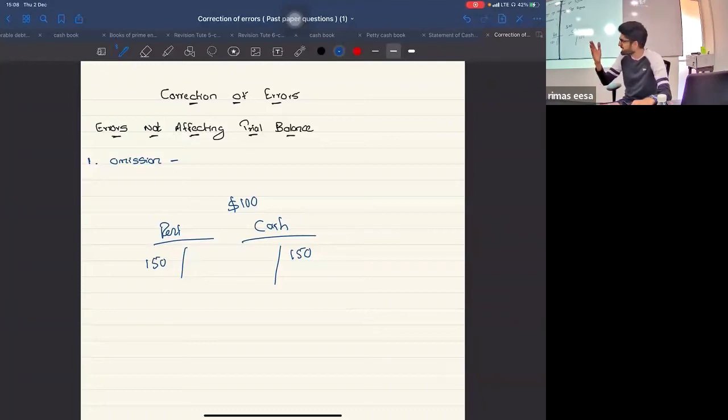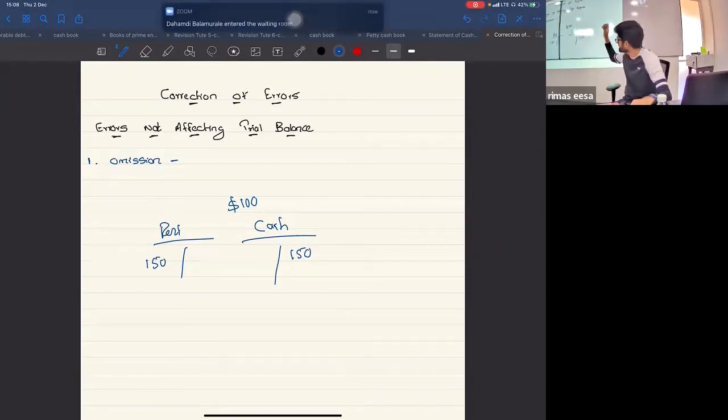Even though the correct amount is 100, you entered 150 on both sides. Debit also 150, credit also 150. Because the debit and the credit amount is equal, trial balance will definitely balance. Even though there is an error, trial balance will balance because debit and credit is equal.